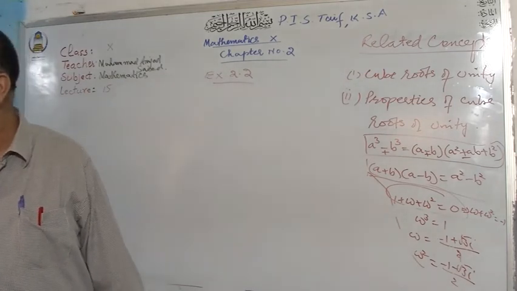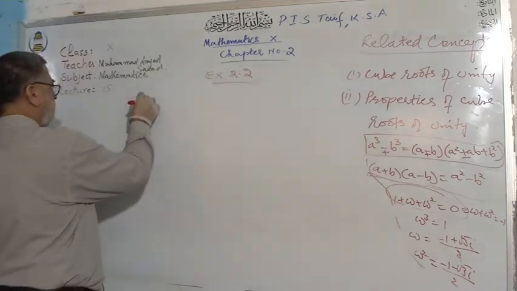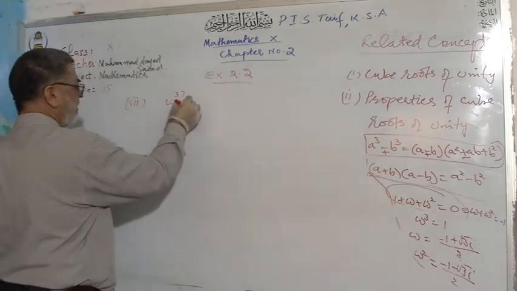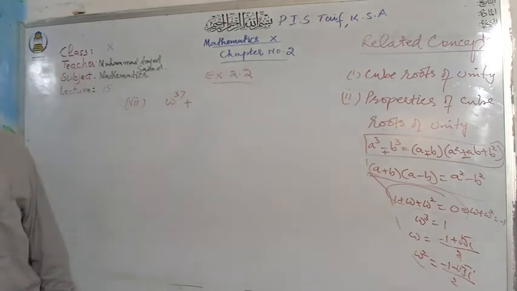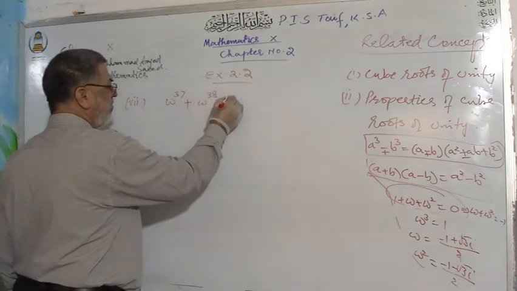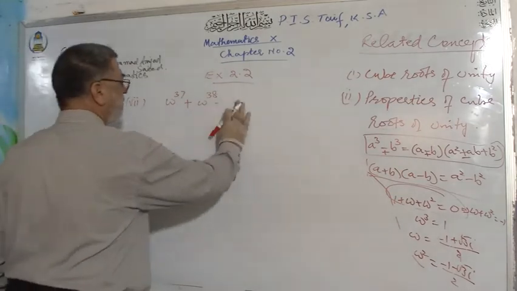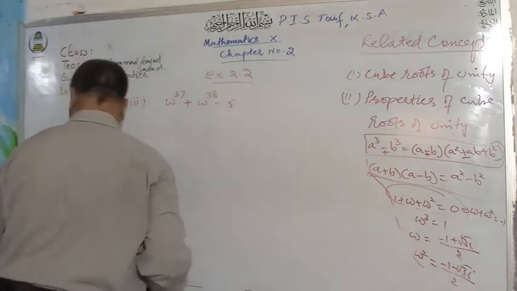Now part number 7 is omega 37 plus omega 38 minus 5.